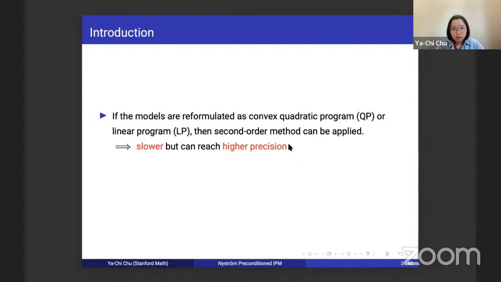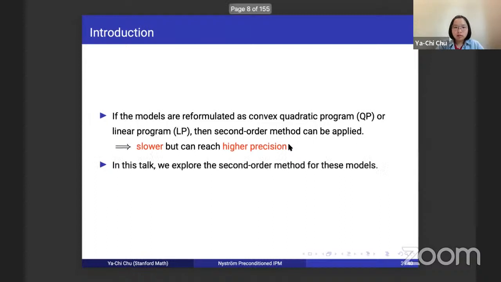In some applications, like medical data, we might want to be a little bit more precise so that the result is more stable. So in this talk, we are going to focus on second order methods, and what we want to do is accelerate the existing second order method using some randomization technique.